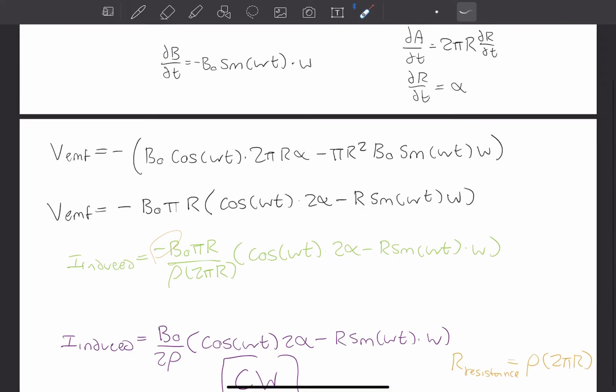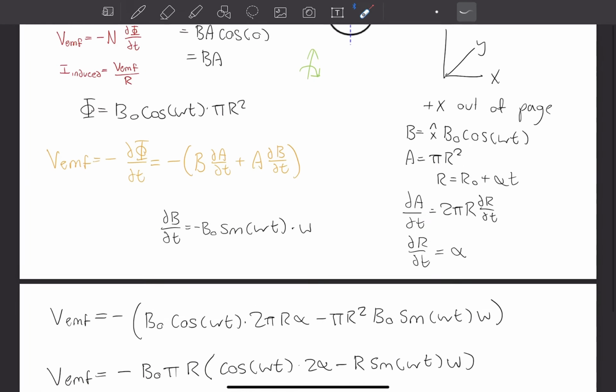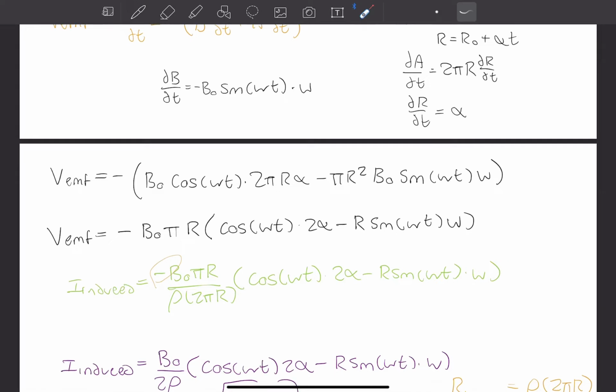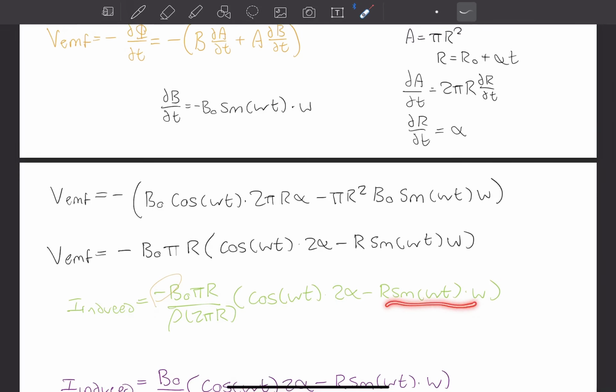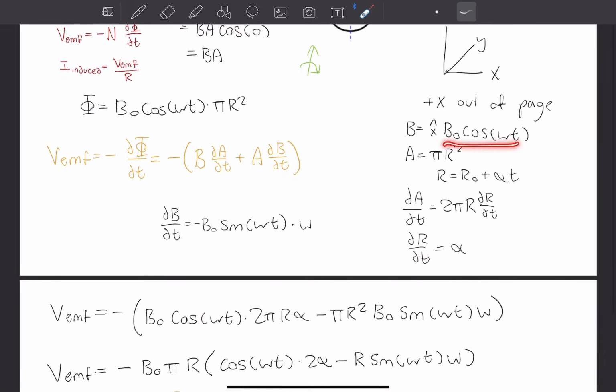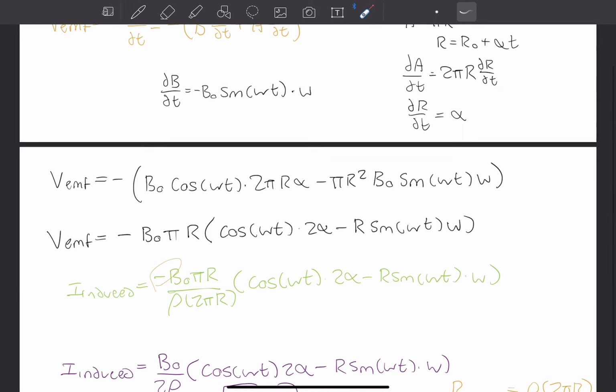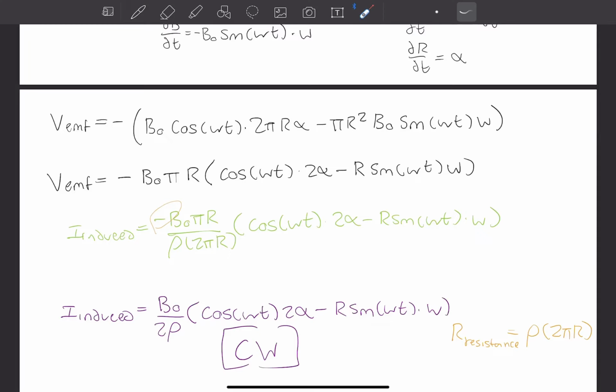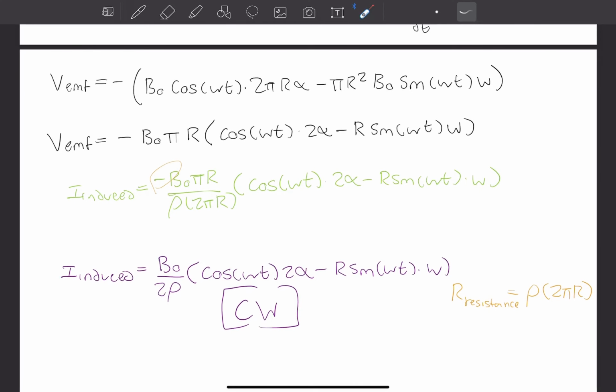So another trick that you could use is you could see that perhaps cosine omega t is very similar to our original B, so it's not dB/dt, whereas sine, of course, is the derivative of cosine. So we can see additionally that this is dB/dt. And it's really important to discern this because this will later also make or break you being able to understand which direction the current will be induced.